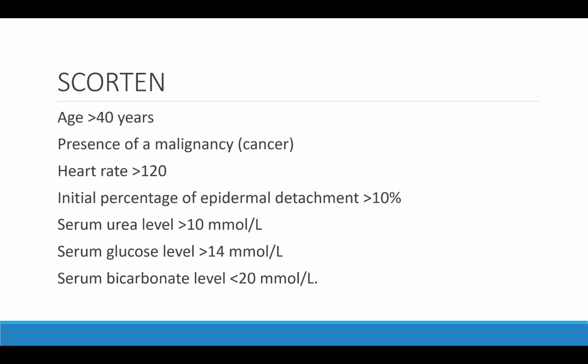This is SCORTEN, which is a scoring system to indicate the prognosis of the patient with SJS-TEN. Each of these is scored as a point: age more than 40 years, presence of a malignancy, heart rate more than 120, initial percentage of epidermal detachment more than 10%, serum urea level more than 10 millimoles per liter, serum glucose level more than 14 millimoles per liter, and serum bicarbonate level less than 20 millimoles per liter.